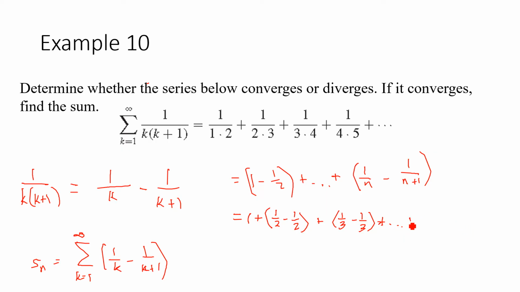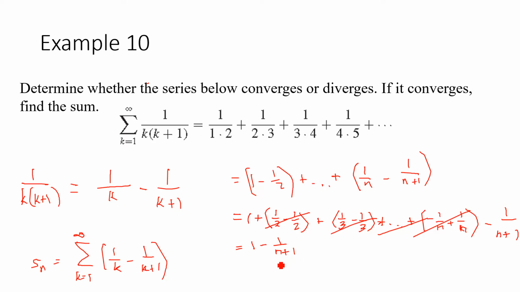You have negative 1 over n, minus 1 over n plus 1. So in this case, this would be equal to 0, 0, 0, 0. What remains is 1 minus 1 over n plus 1.